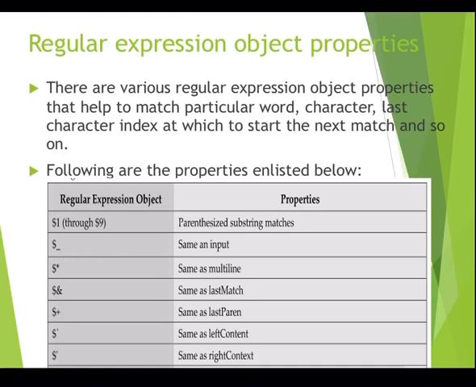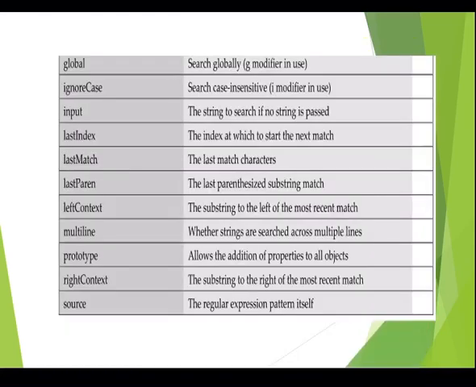Then is $_ same as input, $* same as multiline, $& same as last match, $+ same as last parent, and $` is same as left context, and $' is same as right context. Okay. Then these are the some methods.